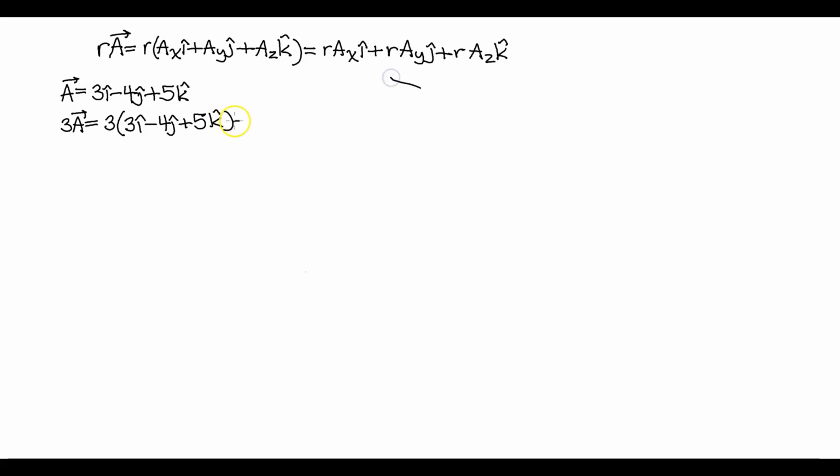So we're multiplying all of this by 3. And by distributing, using normal algebra, we get 9i minus 12j plus 15k. So you're adding 9 times the unit vector i to negative 12j, so 12 times j pointing in a downward direction, plus 15 times the k unit vector. And that is the resulting vector 3a.